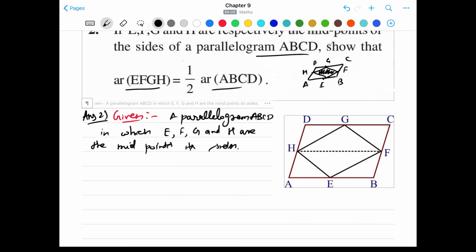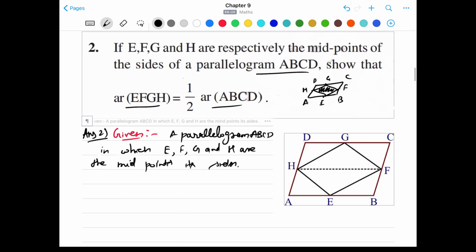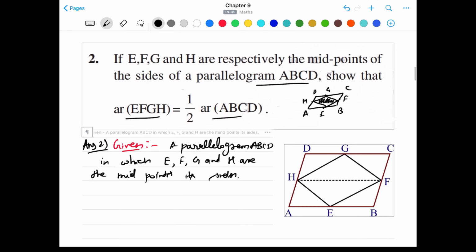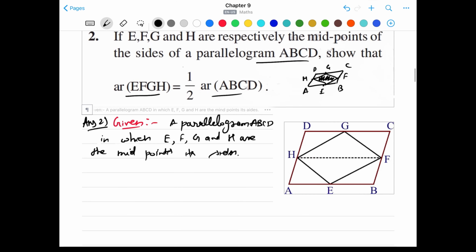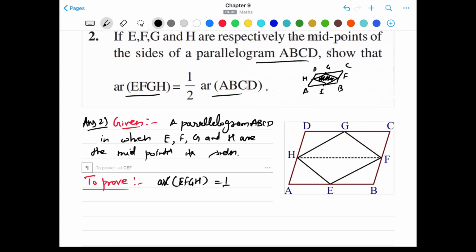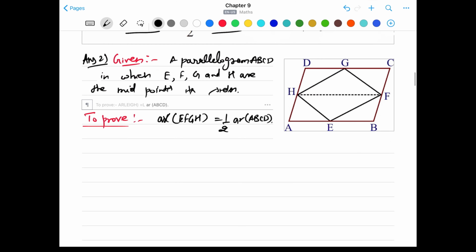So we got EFGH as another figure, or a quadrilateral, inside this parallelogram. What we have to prove here is that the area of EFGH is equal to half the area of ABCD. So let's start this proof.